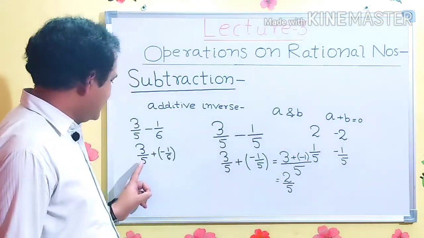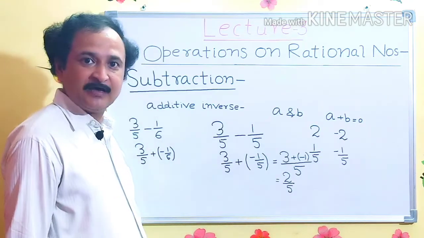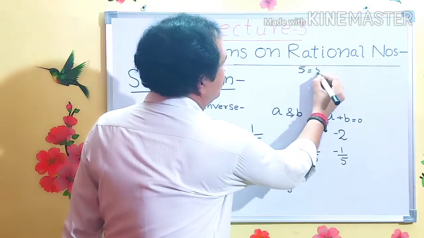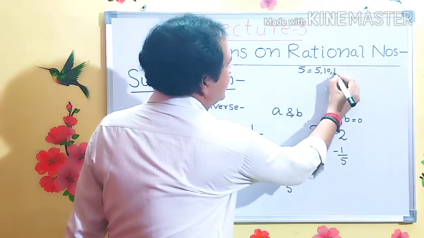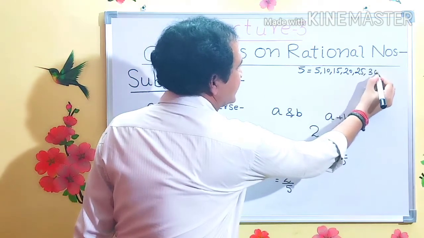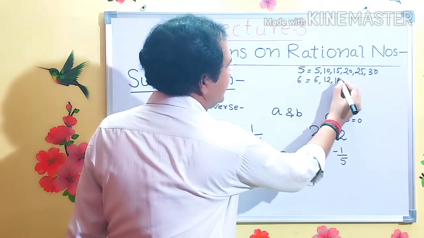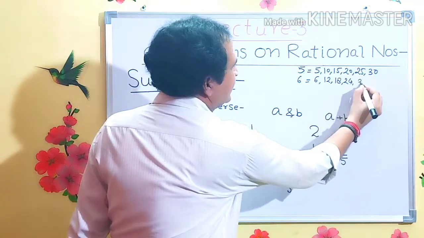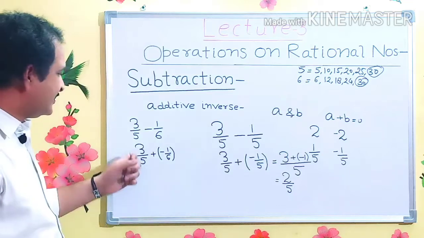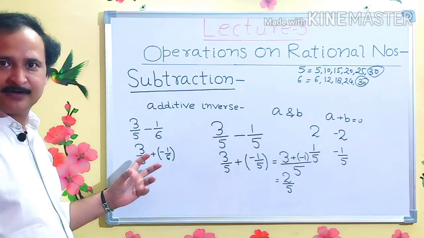Now because both the denominators of the rational numbers are different, find out the LCM. What are the multiples of 5? 5, 10, 15, 20, 25, 30, etc. What are the multiples of 6? 6, 12, 18, 24, 30. Now 30 is the LCM. So convert these rational numbers into equivalent rational numbers whose denominator is 30.